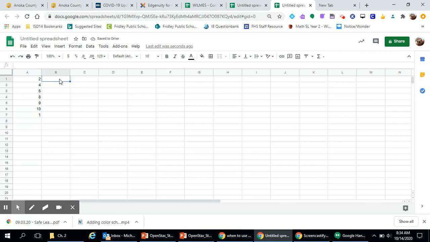So remember, to find the mean, we type equals average, and we go to that column. To find the mode, equals mode, and we go to that column.